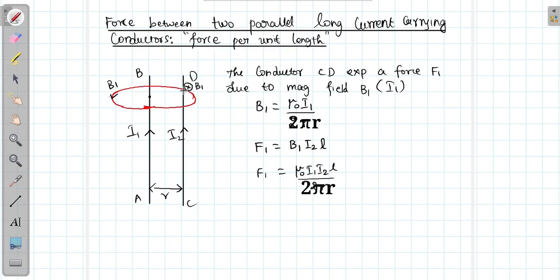So using the right hand palm rule, the force F1 is in this direction, towards left. You understand? Yes, sir. Using Fleming left hand rule or right hand palm rule, F1 is directed towards left.